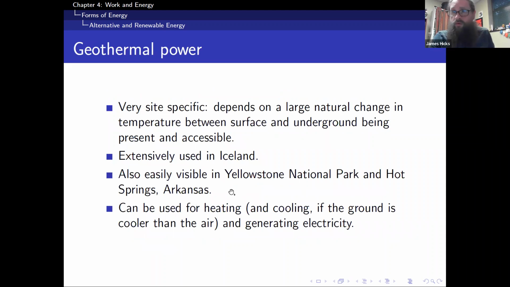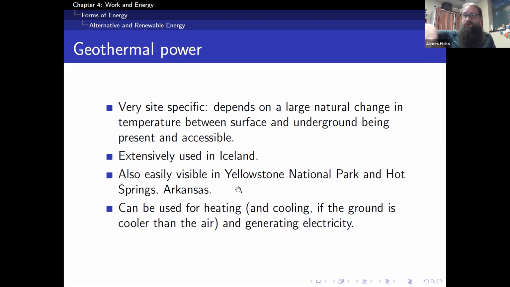Geothermal energy is another really interesting alternative and renewable energy source. This is very site specific, though. You need to have access to a large natural change in ground temperature between what's accessible at the top and not too deep down below. Really easy to see if you've been to Hot Springs, Arkansas.